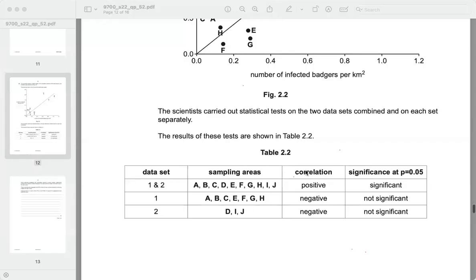That yes, it shows in most of the areas, that is our data set 1 and 2, in all the sampling areas, the combined data shows a positive correlation. So yes, it is supporting what is shown in the graph. This is our statement for whether it supports or not.